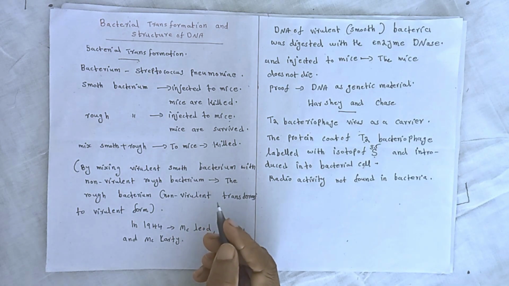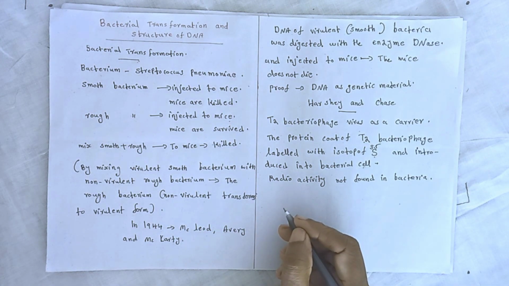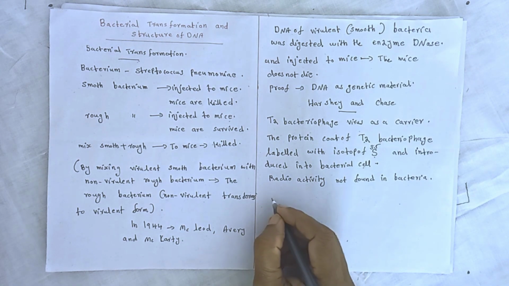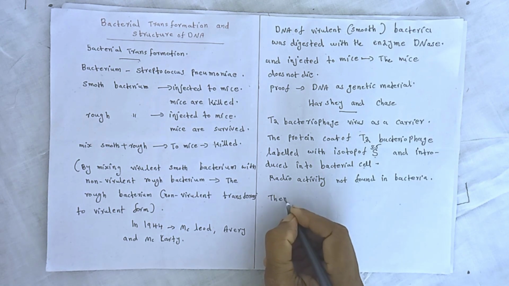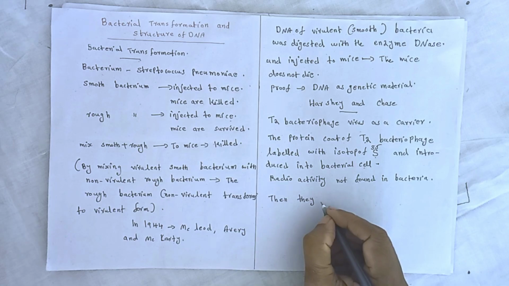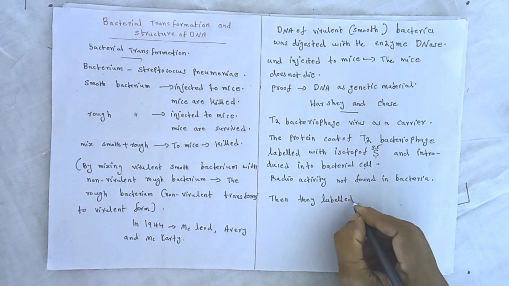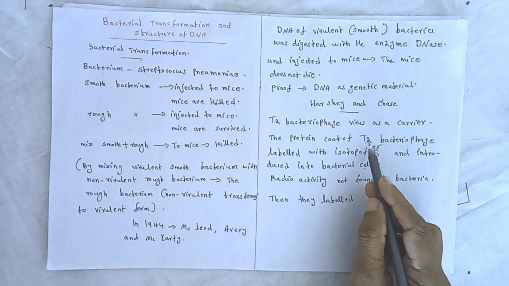Then in the next step, the scientists labeled the viral DNA of T2 with radioactive phosphorus.